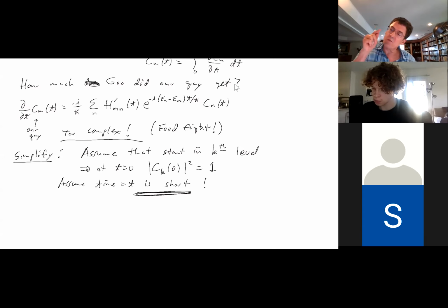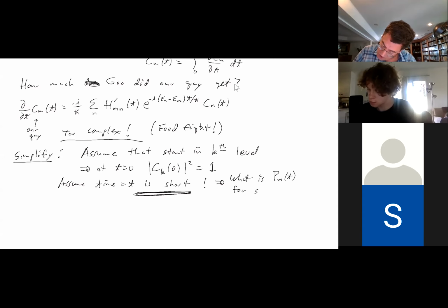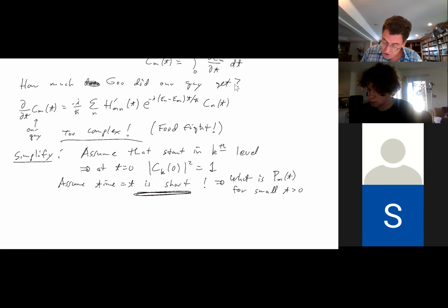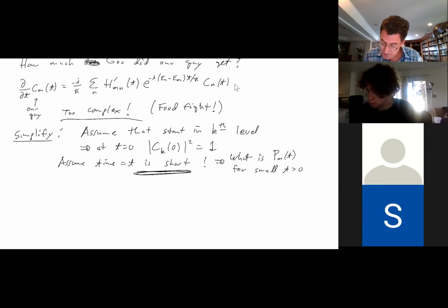So let's just assume that we're talking about a short amount of time. Then what is the probability to be in another state for some small t greater than 0? That's what we want to figure out. So what does it mean for the time to be short?